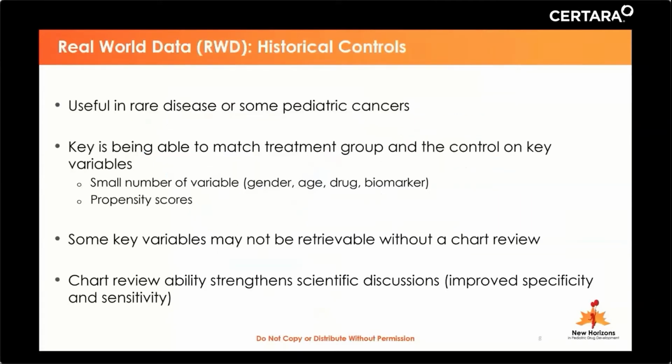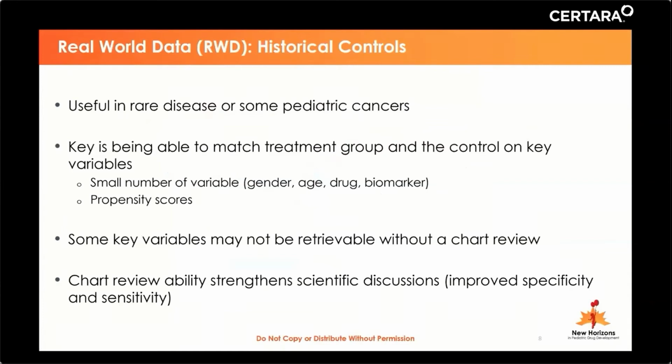Now, historical controls, I'm just going to say a few points on this. Again, historical controls are useful in rare diseases and pediatric cancers. The key is to match the treatment with control variables, and this can be very simple, such as age, gender, particularly concurrent drugs or biomarkers, or the use of propensity scores.